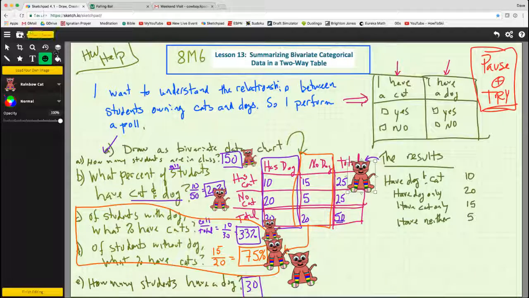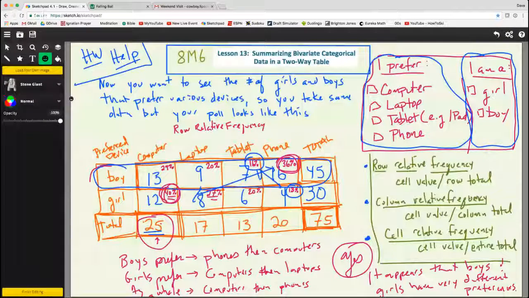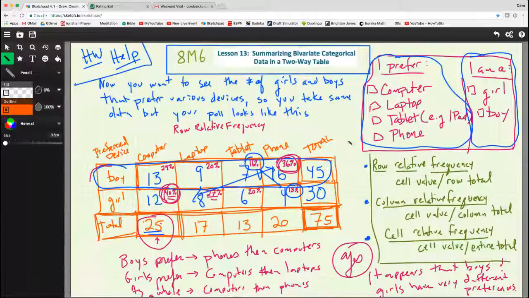We're going to go back tomorrow, and as we talk about lesson 14, the last lesson of the year, we're going to come back to this data, do another couple of examples, and see if we can really make sense of some of this statistical data and showing correlations between bivariate data. Okay, that's it for now.